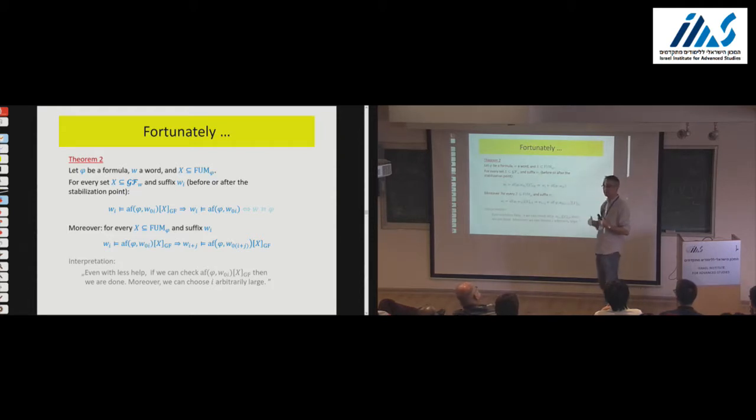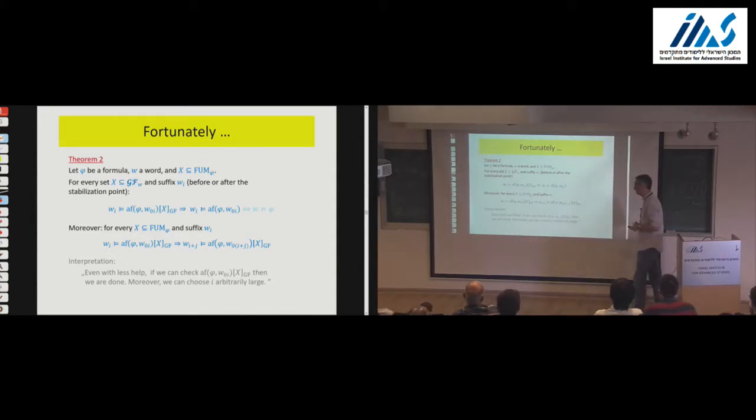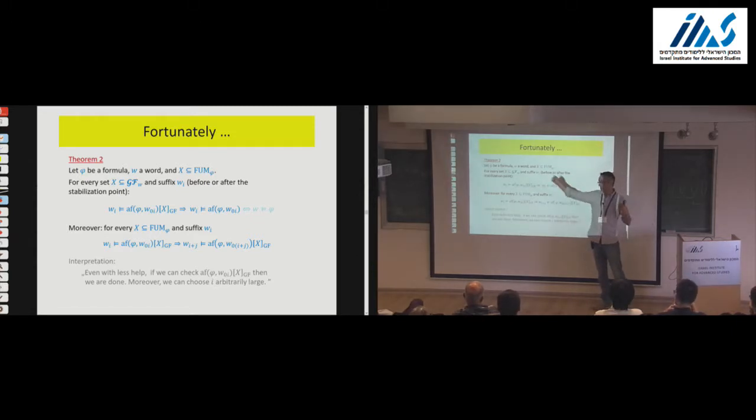This has to do with the fact that the important thing for this I is whether it's a stabilization point or not, but once you have the stabilization point, it doesn't matter how far you go. You can go arbitrarily far. So the interpretation is that even with less help, if we are able to check this, then we are done. And we can also choose the I here arbitrarily large. We can wait as long as we want in order to do this.